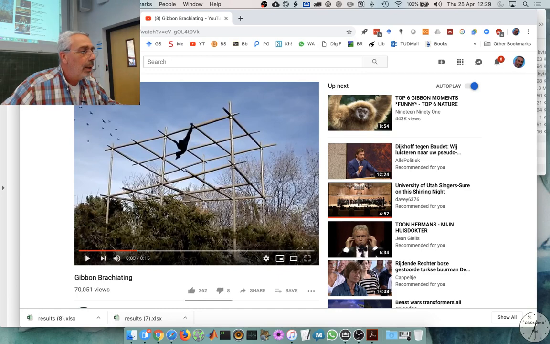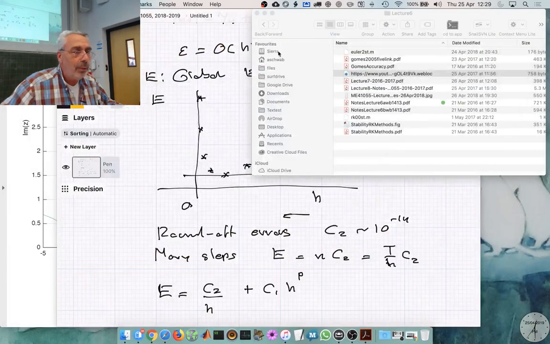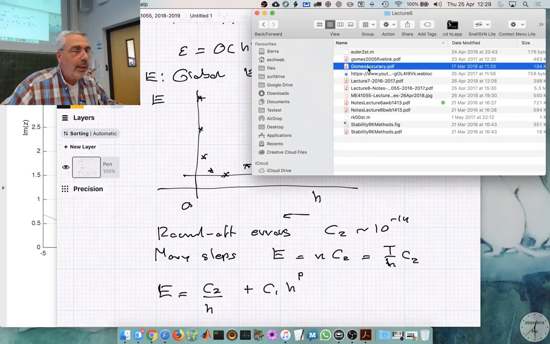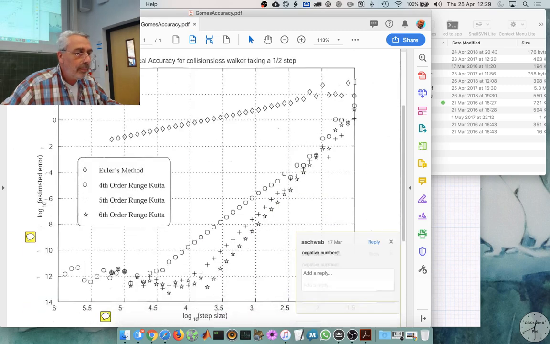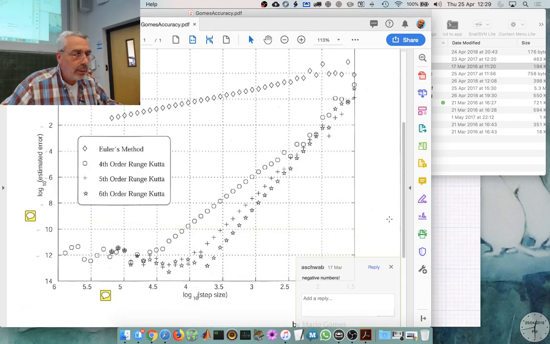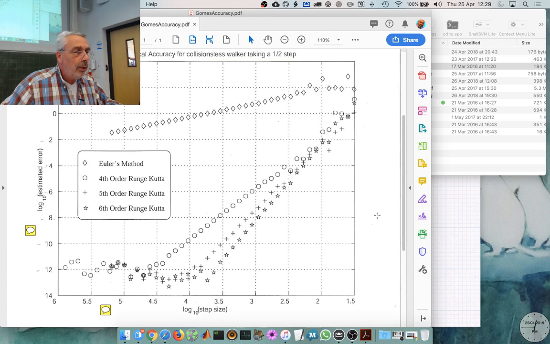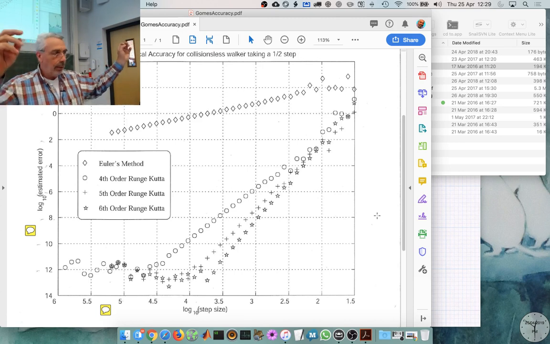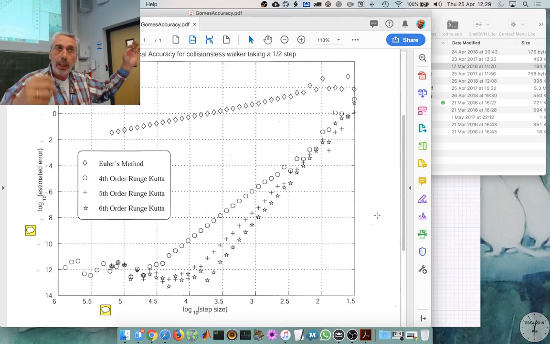Now, Mario Gomez, together with Andy Ruina, were trying to find these cyclic solutions. And in doing that, they had to be sure that after one period, when their gibbon model grabbed on, their result was accurate enough to say, okay, this is cyclic, yes or no. So they had to do a very accurate numerical integration of this nonlinear system.